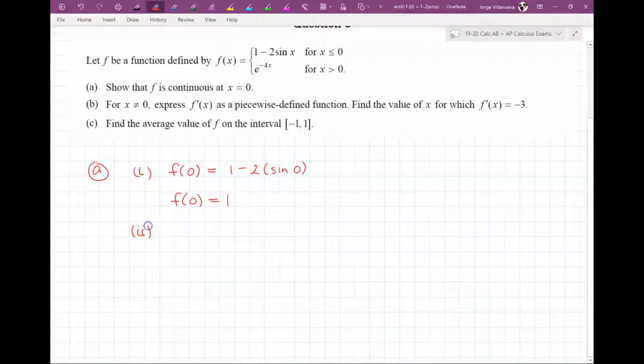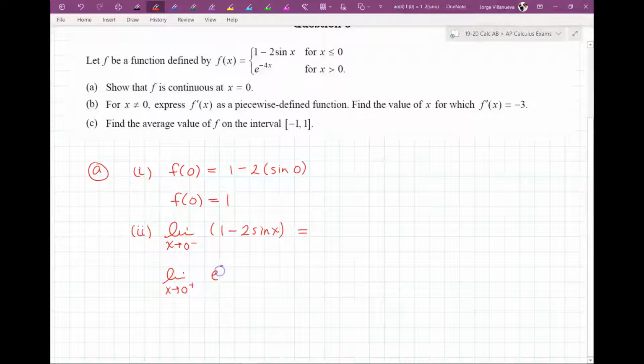So for step 2, I want to find the limit as x goes to 0 from the left and the limit as x goes to 0 from the right. Now, from the left side of 0, that means those are the negative values. So I'm going to have to use 1 minus 2 sine x because that's the function that deals with negative numbers. Notice e to the negative 4x is for x greater than 0.